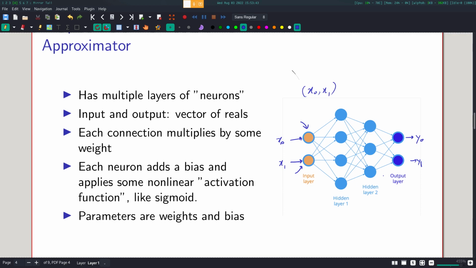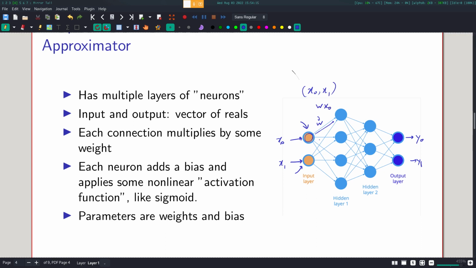So now, how is this computation actually being done in the neural network, right? If you look at each one of these edges, each edge will have an associated weight with it. The value that is there in this particular neuron is going to get passed along this edge multiplied by this weight. So the value that is going to go along this edge is going to be W, which is this weight, times x naught.